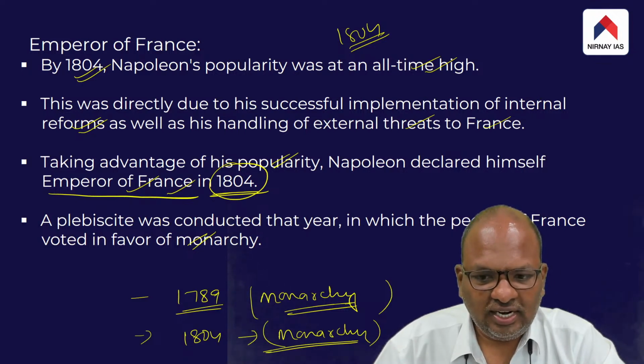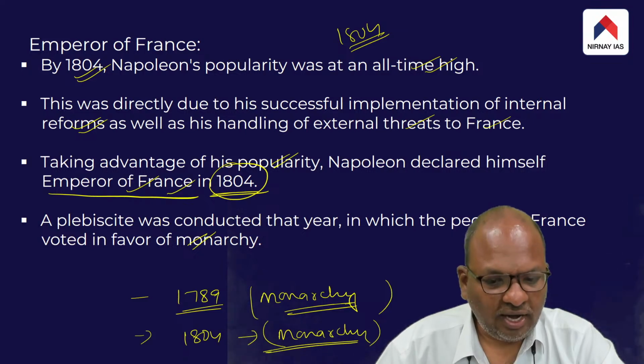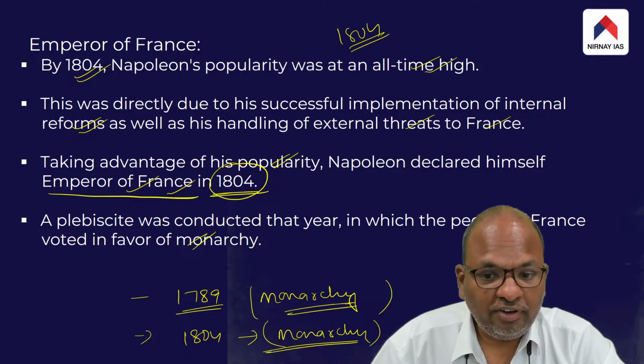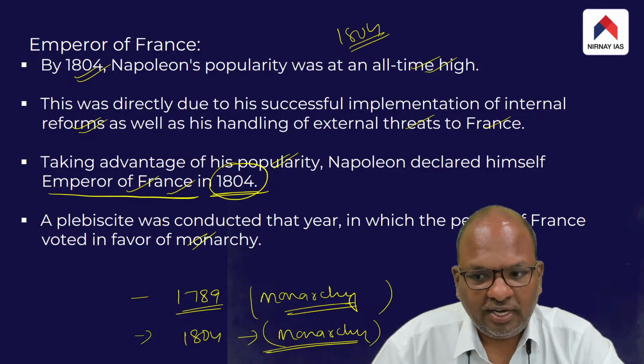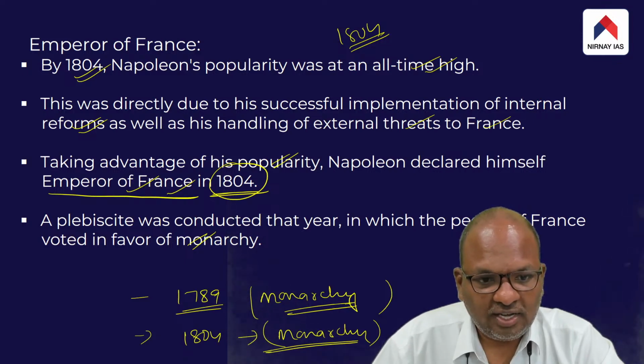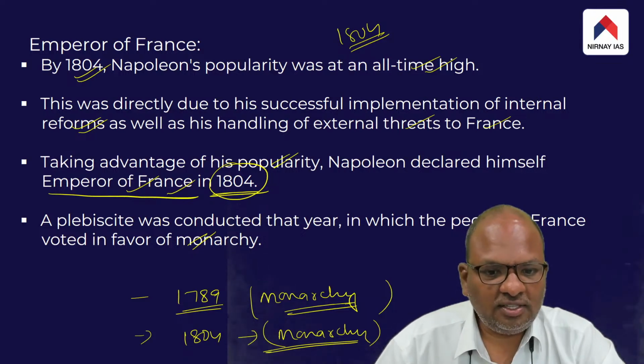In the next class, we will discuss the role of Napoleon as the monarch of France. That is, we will discuss the role of Napoleon as the Emperor of France, and we'll also discuss the policies initiated by him in his capacity as Emperor, and the factors that led to his fall.